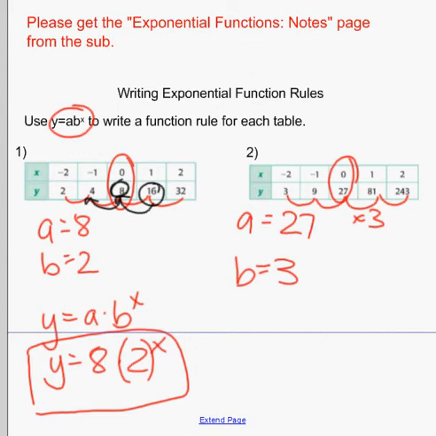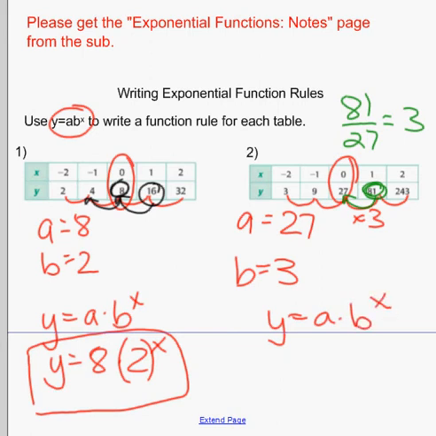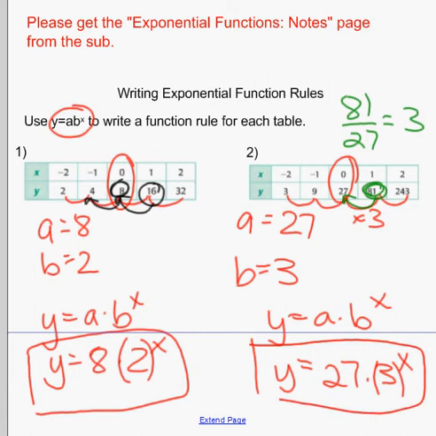If you have trouble identifying that b value, take any of the y values and divide by the previous y value, and you'll always get your b. Now I plug in y is equal to a times b to the x. So y is equal to 27 times 3 to the x power. Again, you can put that 3 in parentheses if you want to. There is my exponential equation.